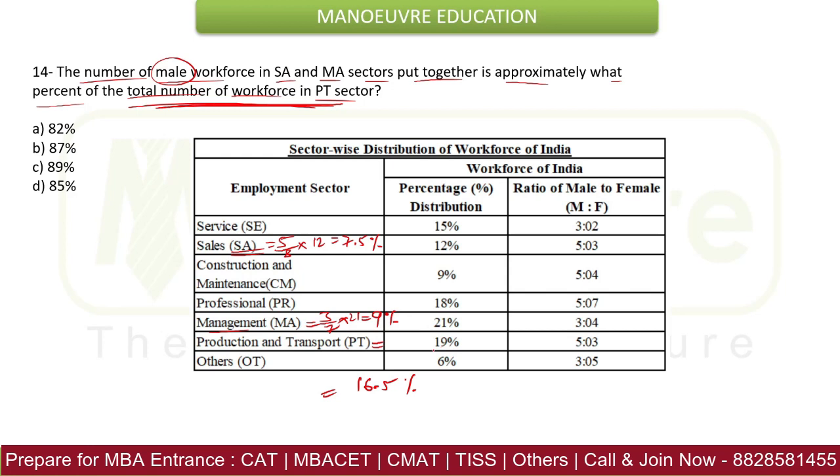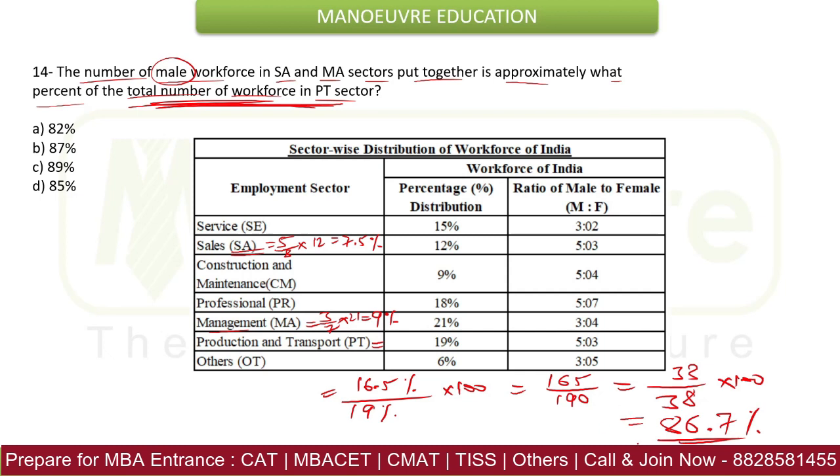You have to compare this into 100, so we can say it is 165 divided by 190, that will be 33 by 38 into 100, which is approximately 86.7%. So the correct approximate answer here is 87. Option B will be the answer here.